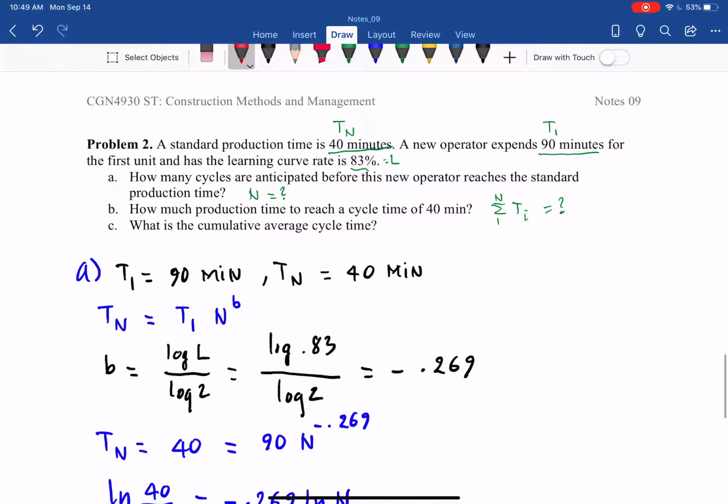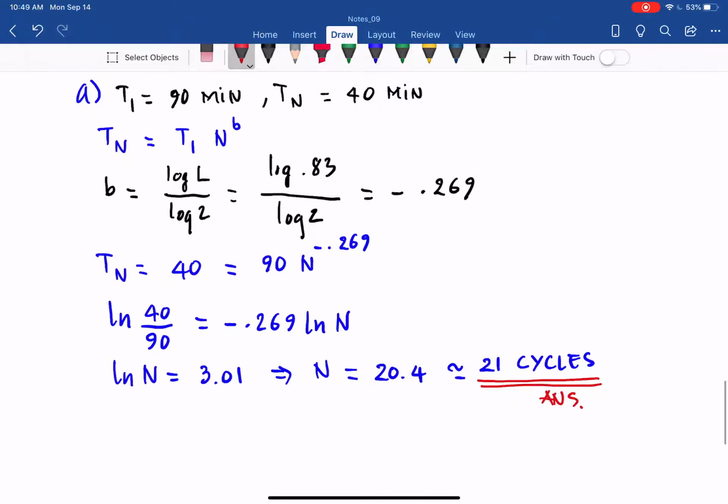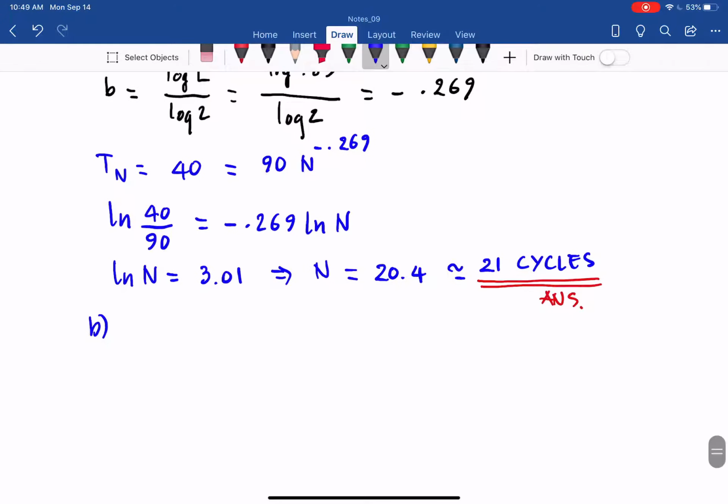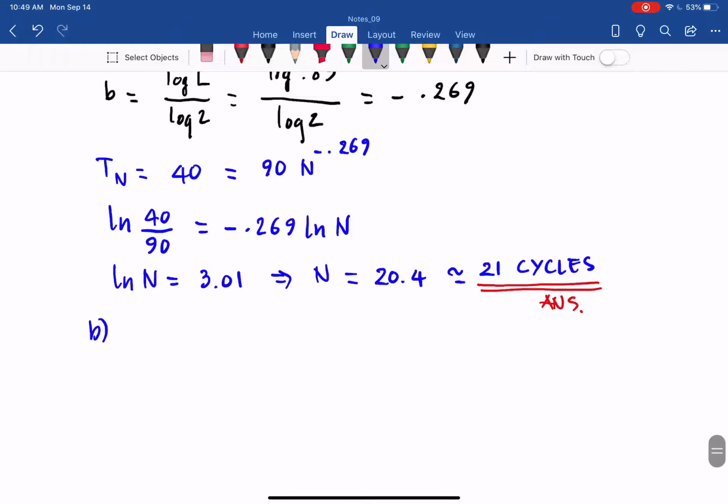And then B, how much production time to reach a cycle time of 40 minutes? So we go back to the equation that we have, also in the reference. That is the new equation that you learn here. We have the sum of all the time Ti, for k from 1 to n, for any k.